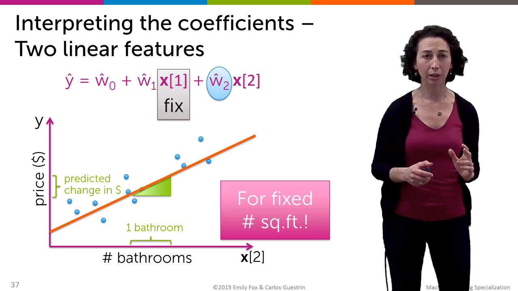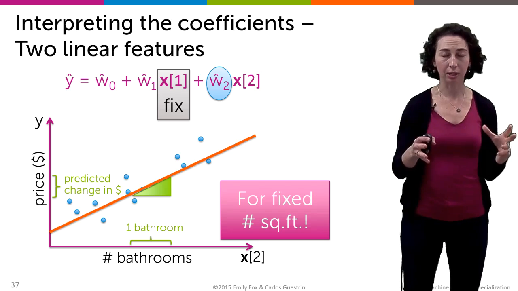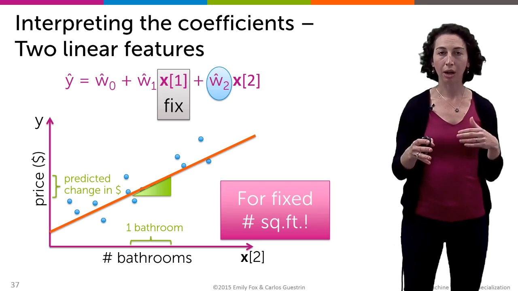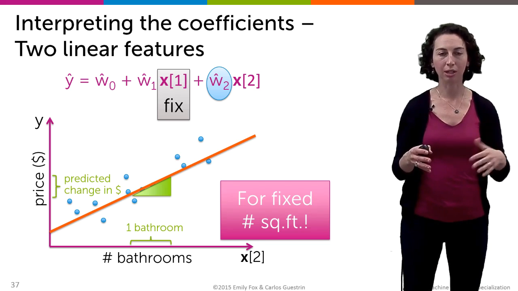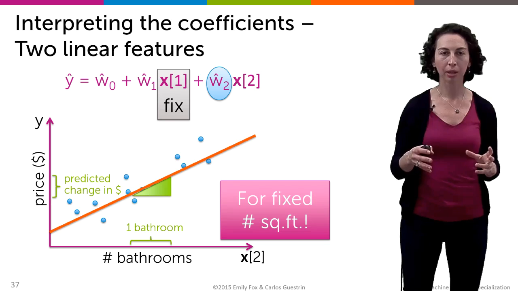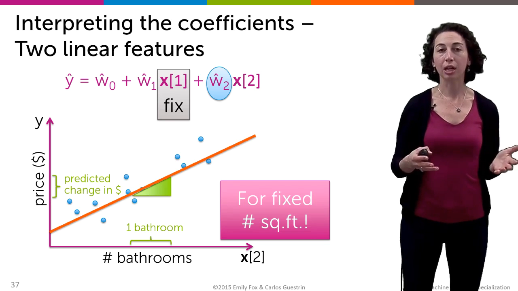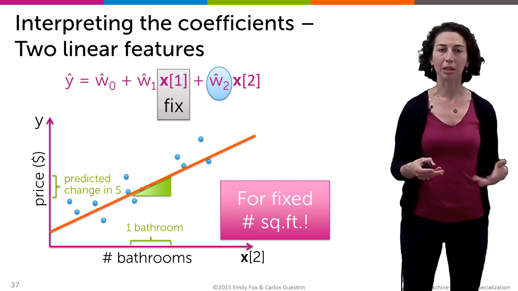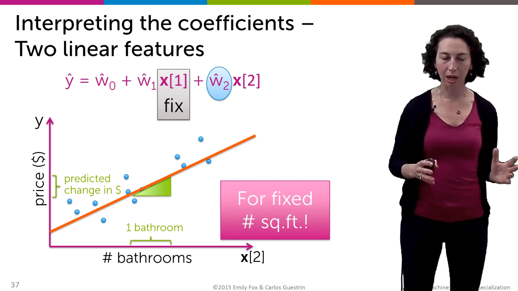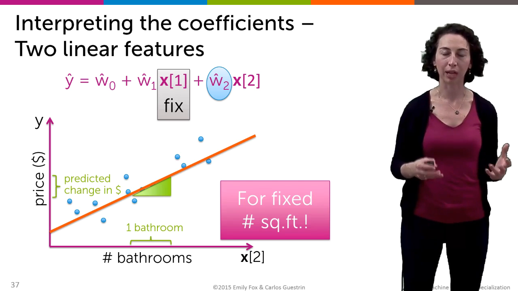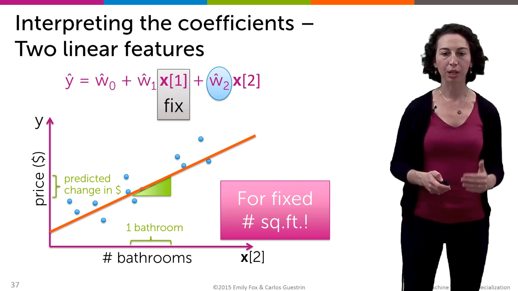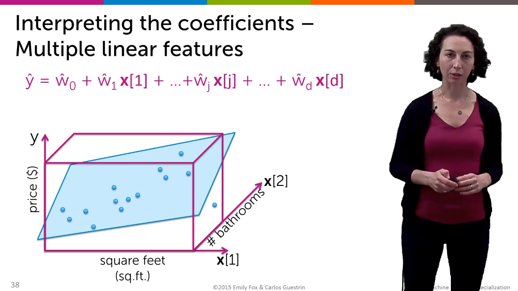Just to be very clear, we're taking a house of a fixed size and we're adding a bathroom. Maybe we're changing some room to be a bathroom, or knocking something down and putting in a bathroom, and we're asking how much that increases the value of my house. We're not changing the size of the house, that stays the same, but adding a bathroom to the count of bathrooms in this house. So that's the interpretation of w hat 2.